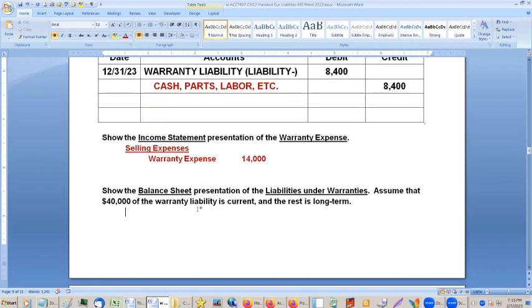Oh, this is wrong. I gotta change the number on here. Change this 40,000 to 4,000. I'm sorry about that. Yeah, change 40,000 to 4,000. So make that correction there, make that 4,000.